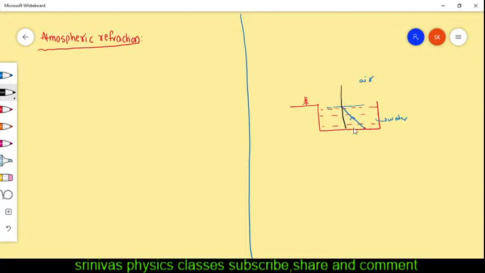When a light ray moves from rarer medium to denser medium, it bends towards the normal. But in this case, the light ray is moving from denser to rarer, so it will bend away from the normal. It cannot go straight like this because the medium is changing. If there is no change in the medium, the light can travel in a straight line.